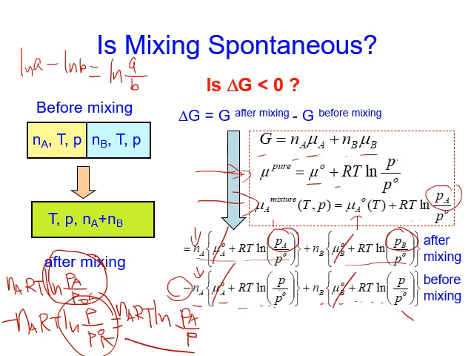Similarly, you can calculate the term involving B. So the final equation here is NA RT ln PA over P plus NB RT ln PB over P.